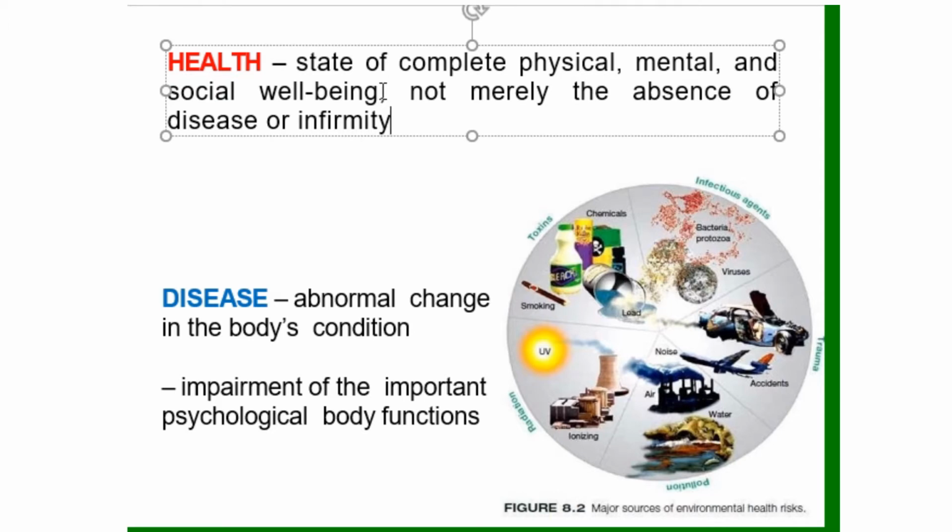However, what we could also say is that being healthy means you can live happier, you can live longer, you can be more productive, and at the same time you would be satisfied in your life. That is why we have this saying that health is wealth.